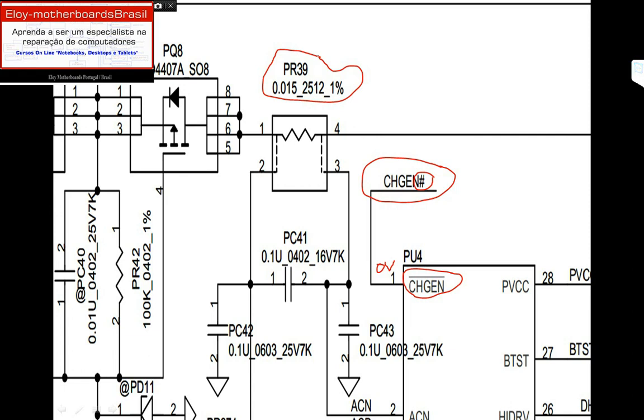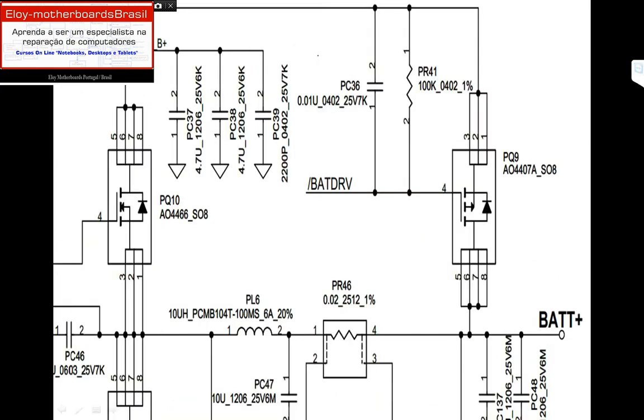When this battery voltage is released, it will be taken to pins 4, 5, 6 and 7 of the discharge MOSFET, PQ9. PQ9 is also called the discharge MOSFET.